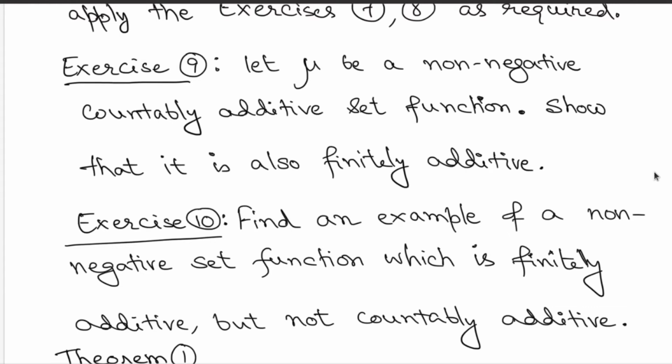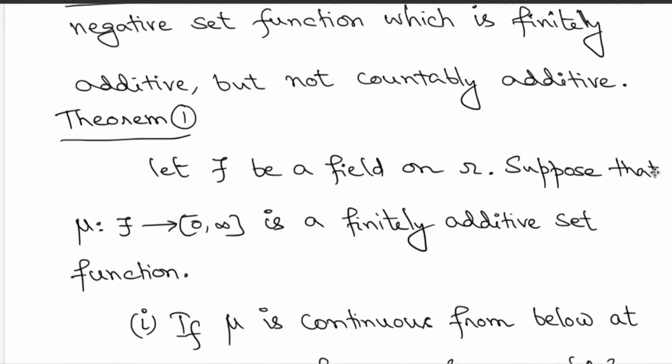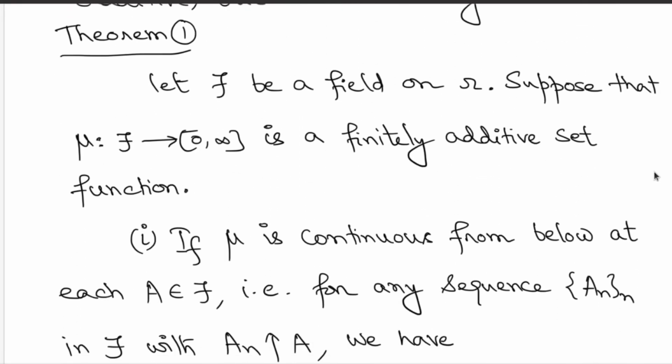But now we come to the main result of this lecture. As before, we are going to work with fields and with finitely additive non-negative set functions on the field. Now we are going to claim that with some additional continuity assumptions, we can claim that it's also countably additive.